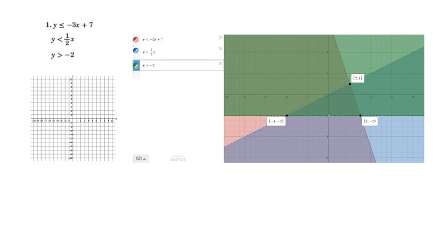I went into Desmos and I graphed all 3 regions, and they overlapped in this section right here. That's where all the solutions are to this system.